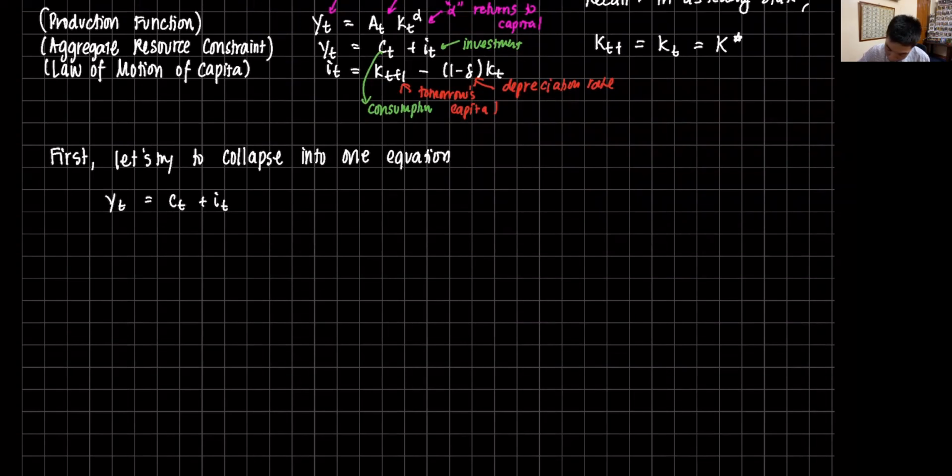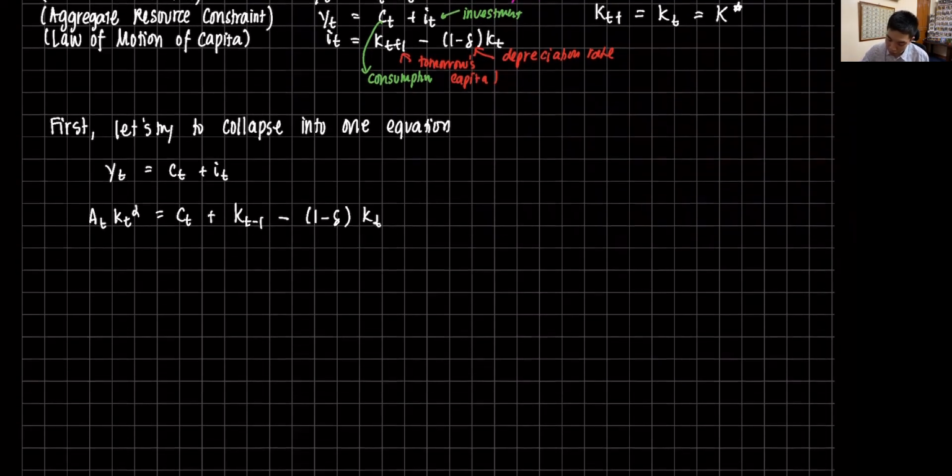But I know that Y_t is equal to A_t K_t to the alpha, C_t is just C_t, and I_t is equal to the law of motion of capital equation, K_{t+1} minus (1 minus delta) K_t. We're going to work with this equation. Let's call this star.